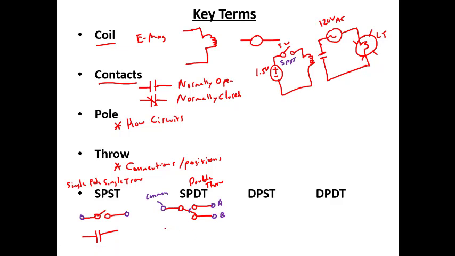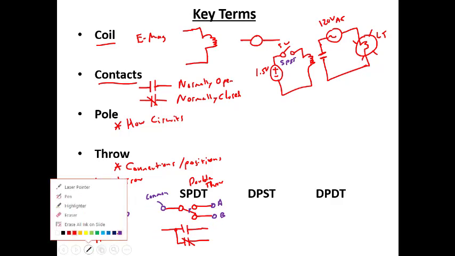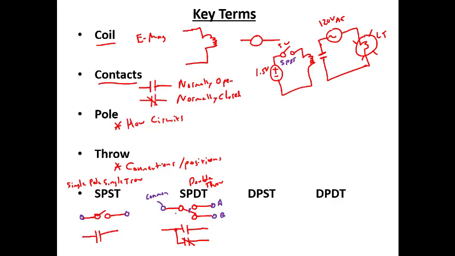If we were drawing this in terms of contacts, it would look like this. A lot of times, this is the type of contact that we would see on an electromechanical relay. I can draw it a little bit better here. And just like the other one, what we would have here is a common.